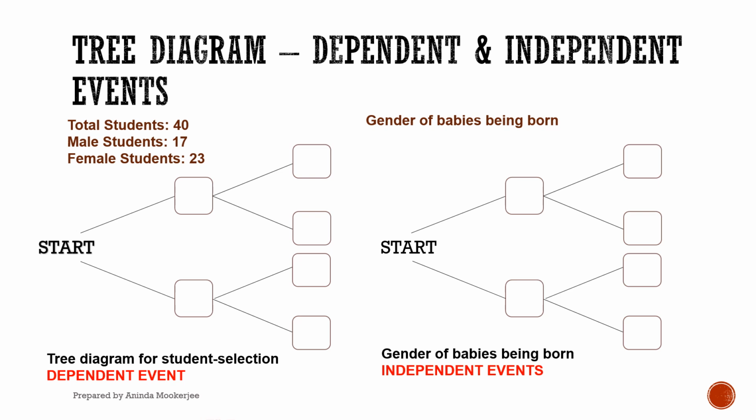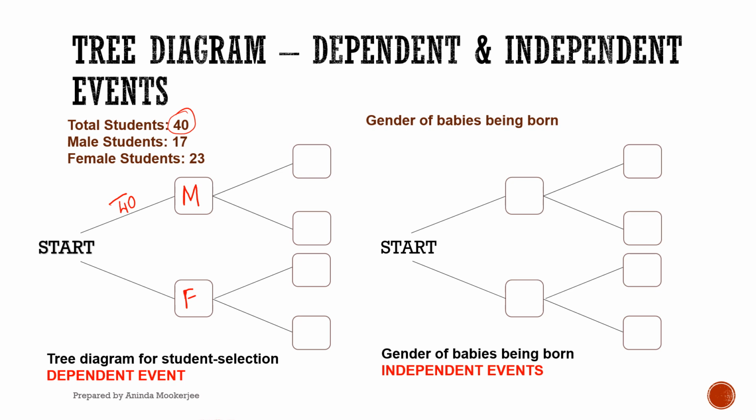So we said that in the first draw, we have an equal chance of picking a male student or a female student, right? Now, the probability of picking a male student would be, remember the F over N rule, N is 40 in the first draw, and the number of male students was 17.